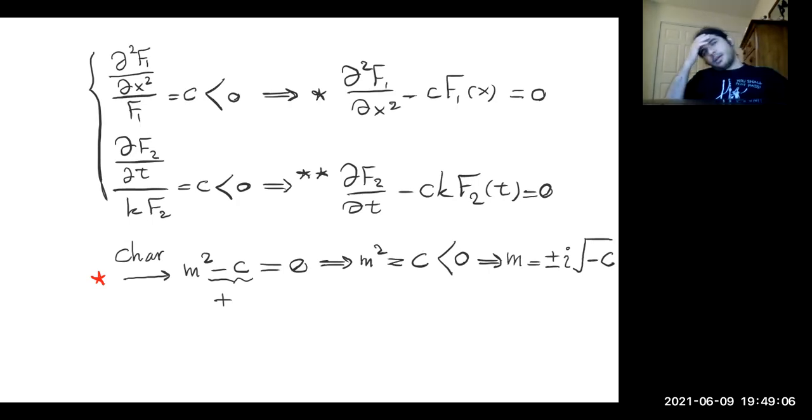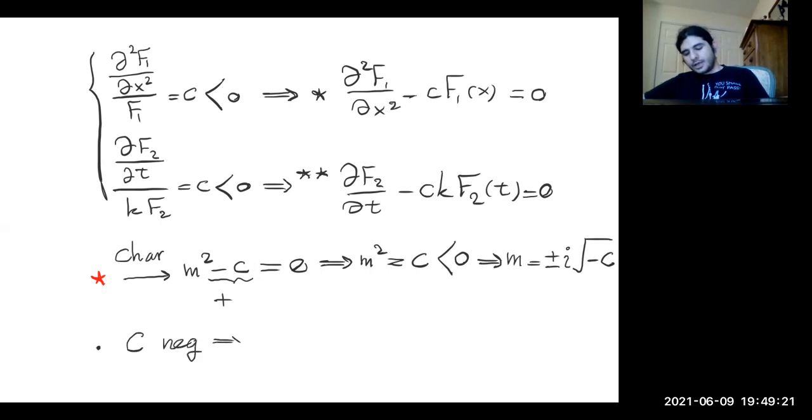Maybe for notation, what the book has done is better. The book says c is negative, so minus c is positive. If it's positive, the square root of that is a real number.